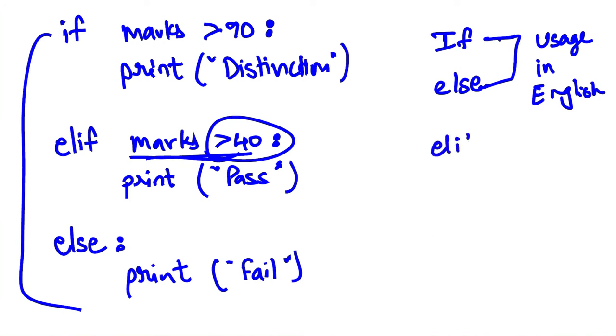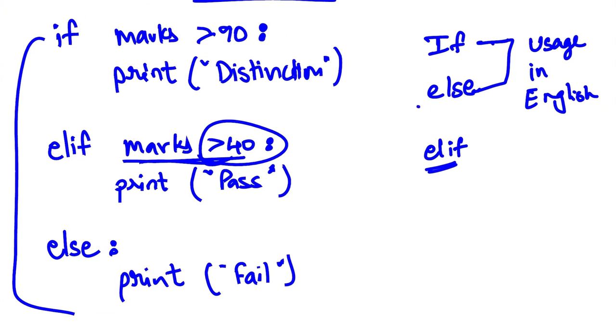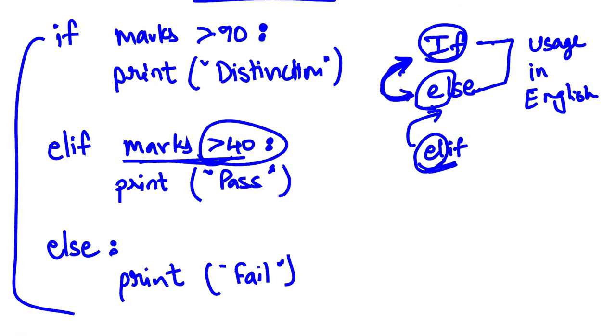Coming to elif, some people doubt why it is elif, because it contains both else and if. Here, el stands for else, which means whatever the above statement is, if it is false, come here.